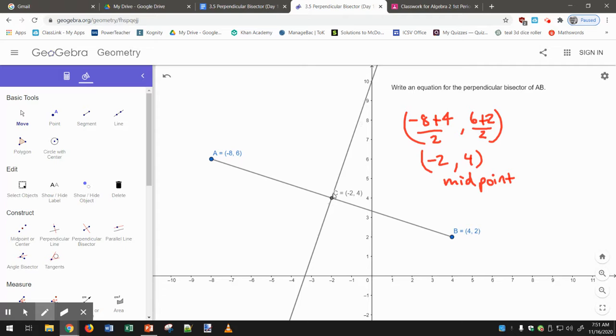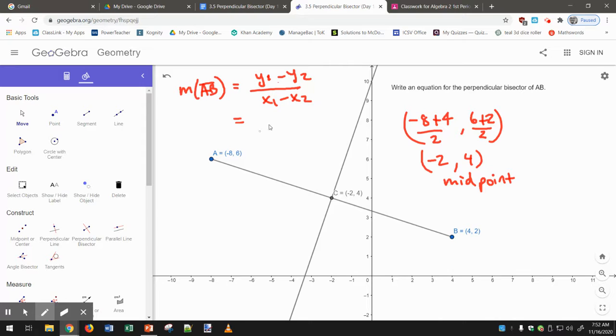But we don't have another point on this line. So the way we're going to have to do that is find the slope of AB. Okay, and then take the negative reciprocal, like we learned in calculus. So the slope of AB, just take the y-coordinates, so y1 minus y2, and x1 minus x2.